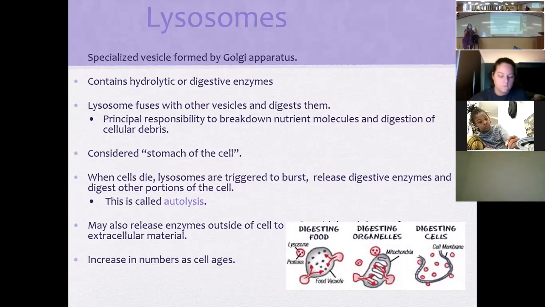Breaks it down. Tell me what the term is for that. Autolysis. Auto, self, lysis, breakdown. Sometimes this guy is also known, just in layman's terms, as the suicide cell.